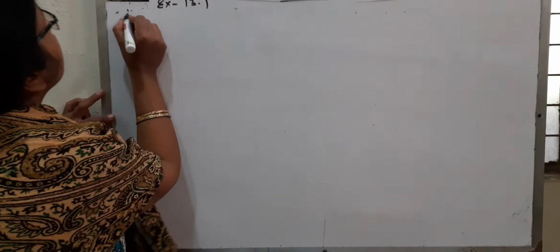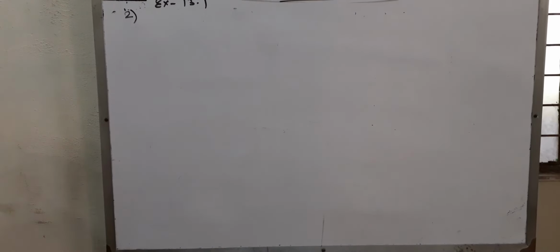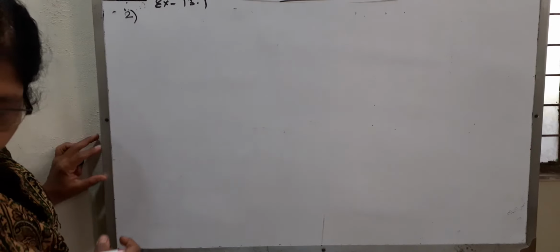Question number 2. A mixture of paint is prepared by mixing 1 part of red pigment with 8 parts of base. In the following table, find the parts of base that need to be added.